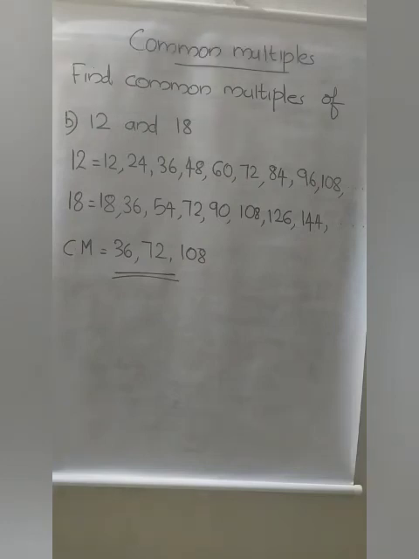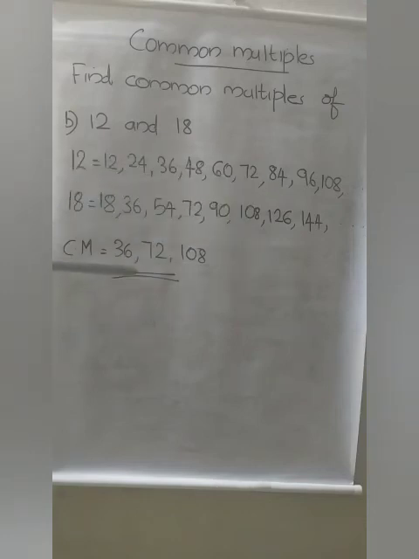Here I need only the first 3 multiples. So comparing, here 36 is there, here also 36. So we got the first common multiple. Then going on, 72 here, also here 72. Again we got the second common multiple. Then we have 108 here, and 108 there.